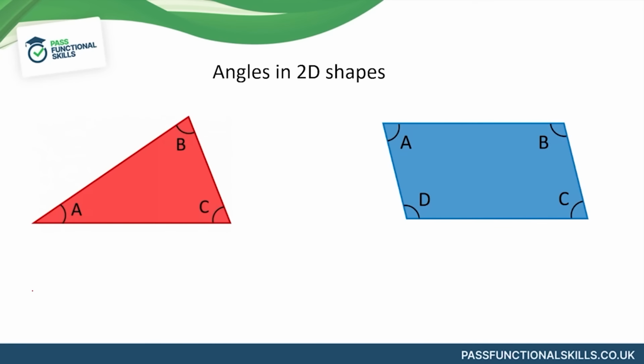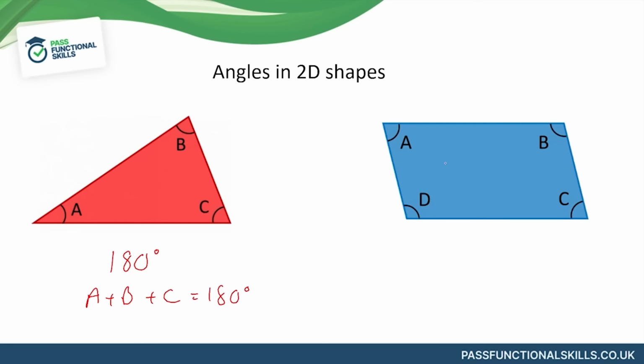Let's take a look at angles in two-dimensional shapes. So on the left-hand side, we have a three-sided shape, otherwise known as a triangle. And we need to remember that angles in a triangle always add up to 180 degrees. So angle A plus angle B plus angle C equals 180 degrees.